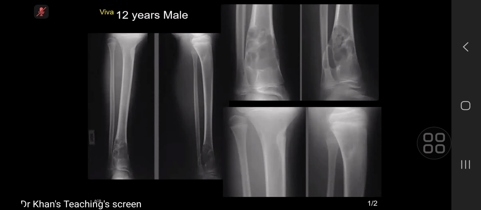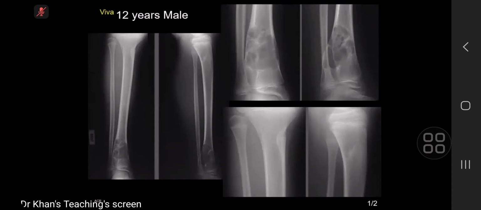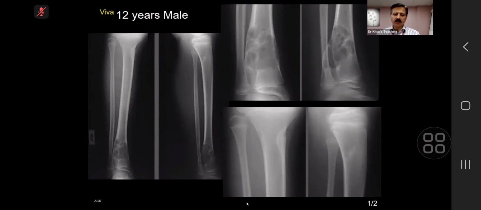So it has a narrow zone of transition and is either eccentric or central. Please look at both. It's eccentric, and so my differential in a male of this age would be a non-ossifying fibroma. Excellent. And what is happening here?